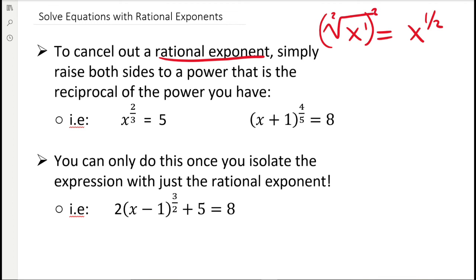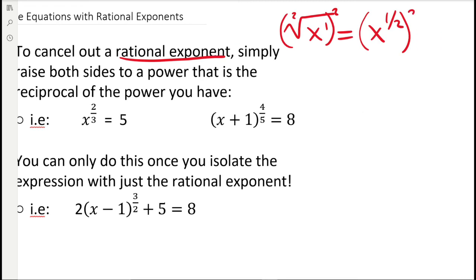Well, similarly, if I want to get rid of this 1/2 power, I can raise it to the 2 power, or 2 over 1 power. 2 is the reciprocal of 1/2, right? And so in the same way that the square and the square root cancel, the 2 over 1 and the 1/2 cancel. So it gives me the same exact result, x. So it cancels out.